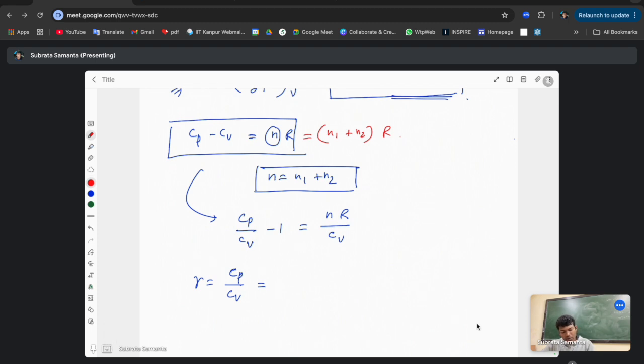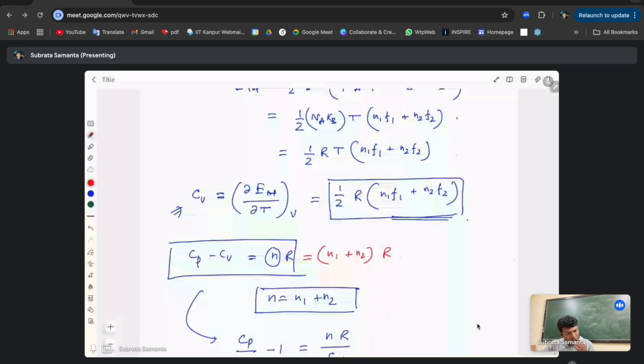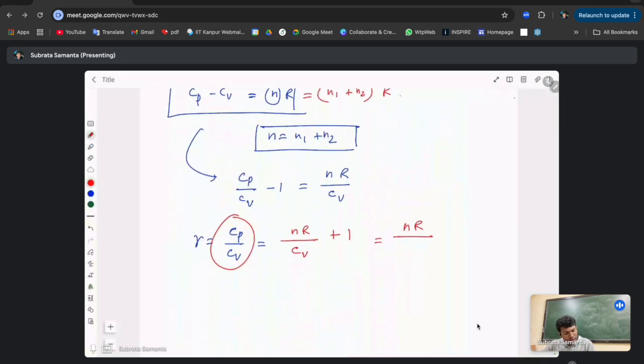Now you want to calculate the ratio Cp over Cv of this mixture. It gives nR over Cv plus 1. Now I know the expression of Cv: it's half of R (n1 f1 plus n2 f2).